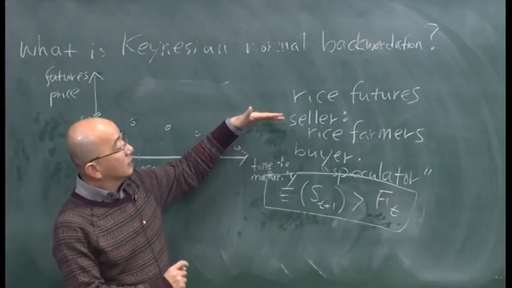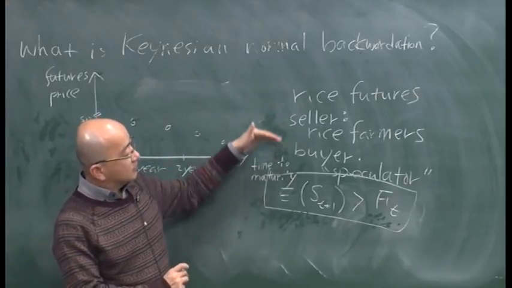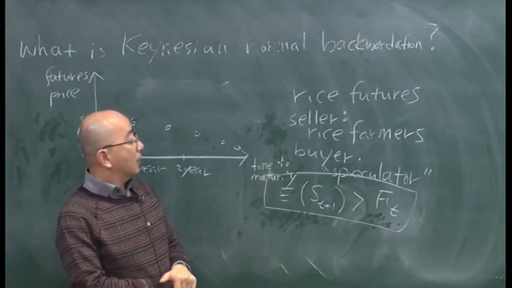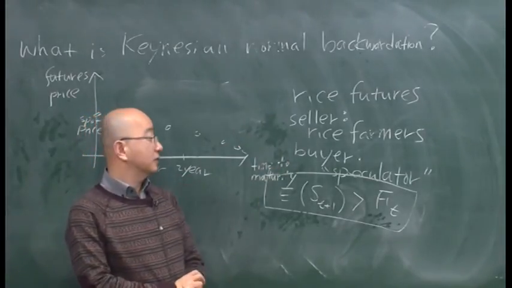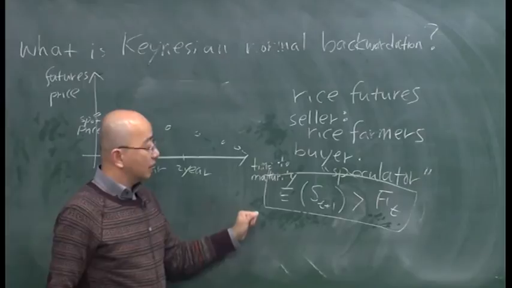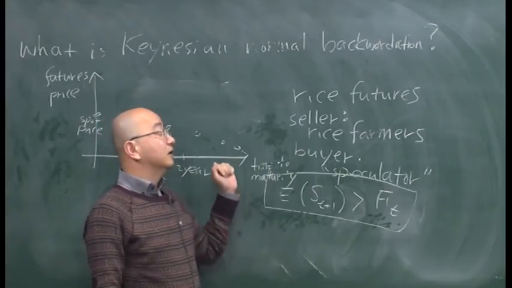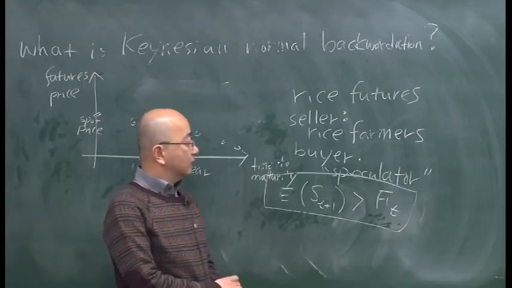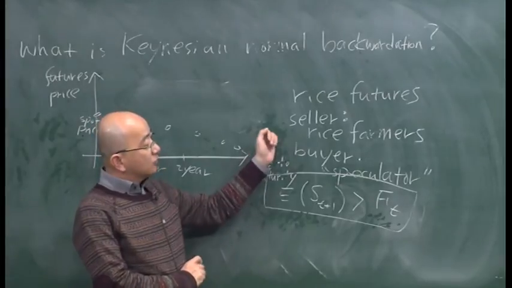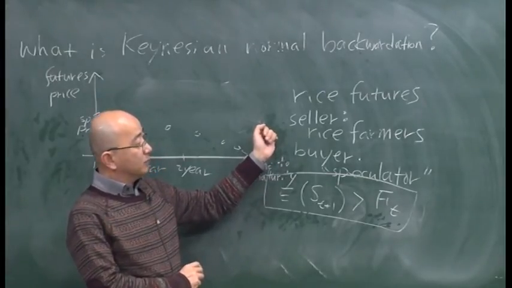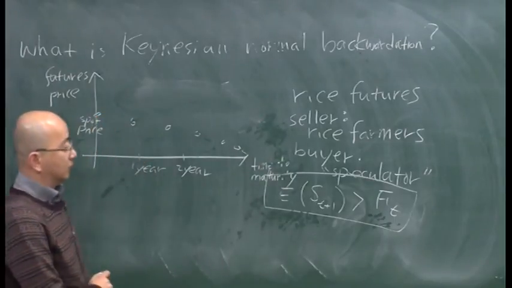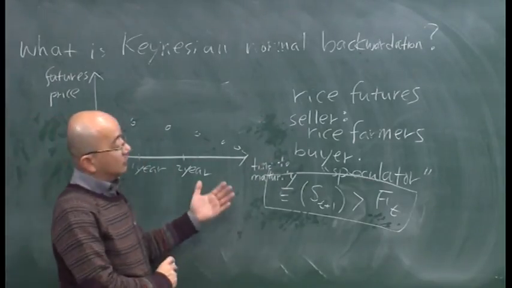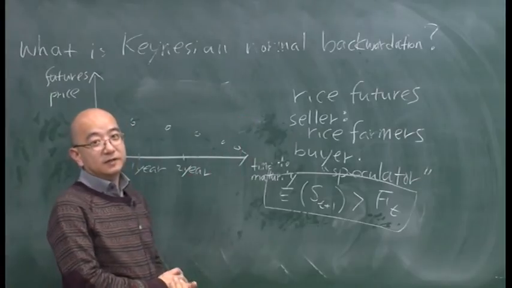So if the insurance purchasing market participants are on both sides of the contract, then you cannot have this pattern. So for Keynes' story to be valid, the insurance purchasing participants should be on one side, especially the seller side of the contract. And people talk about whether such an idea is valid or not.